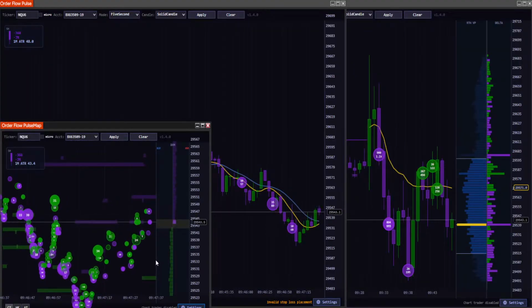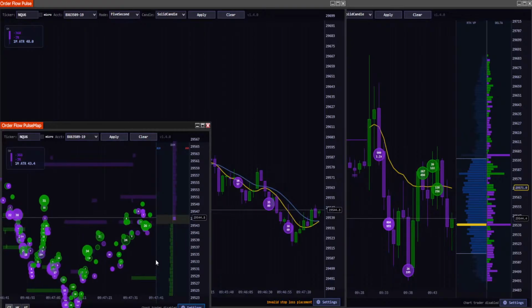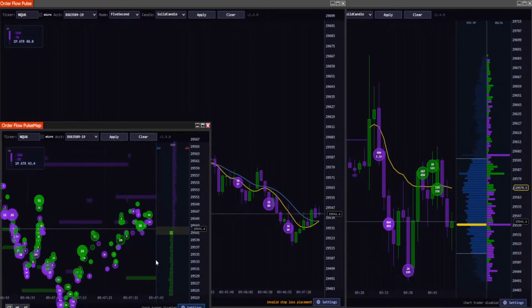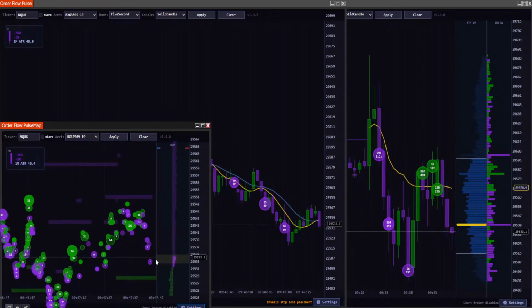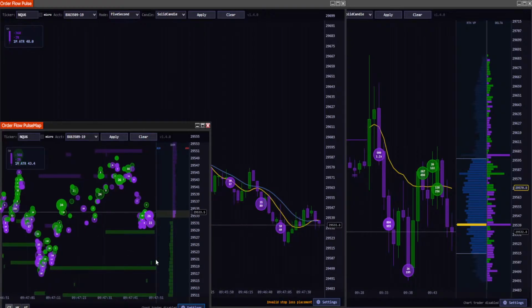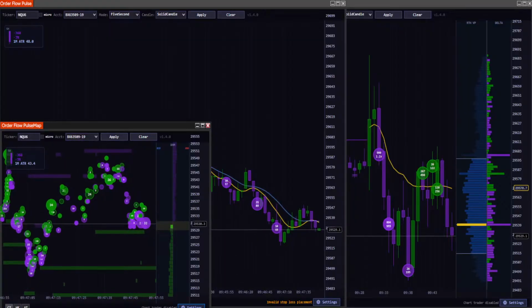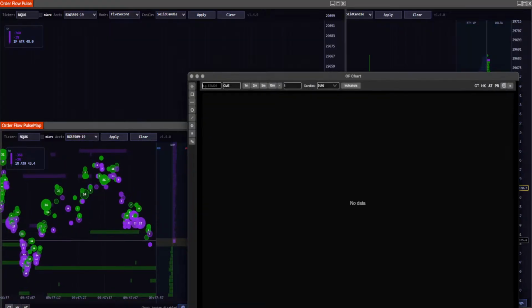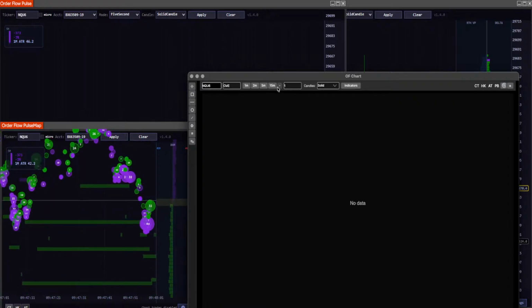And I'm using Parallels for Ninja Trader. Not a good idea. I could just do that. Let's see, NQU6.